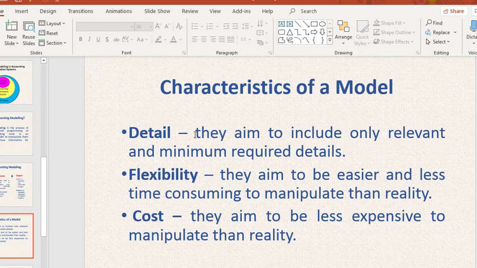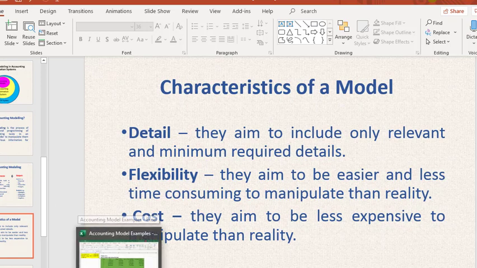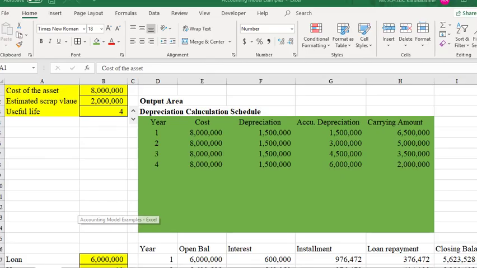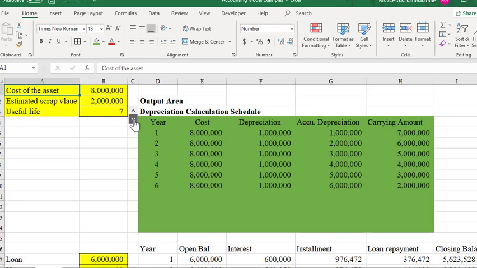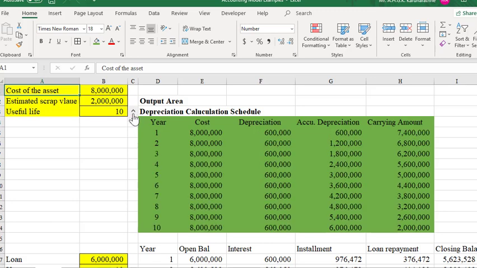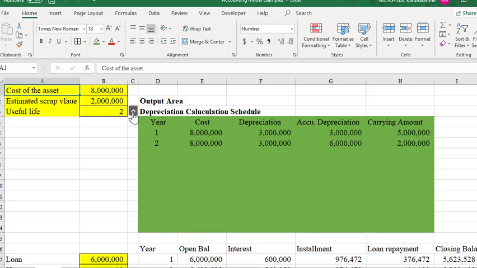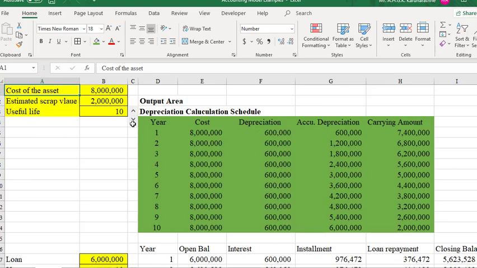That means different scenarios are generated under the output area, so that it is very convenient. That is what we call flexibility. If you look at our model, you can see it's very convenient for me to alter or manipulate the useful life. It's just a matter of clicking this button, right?